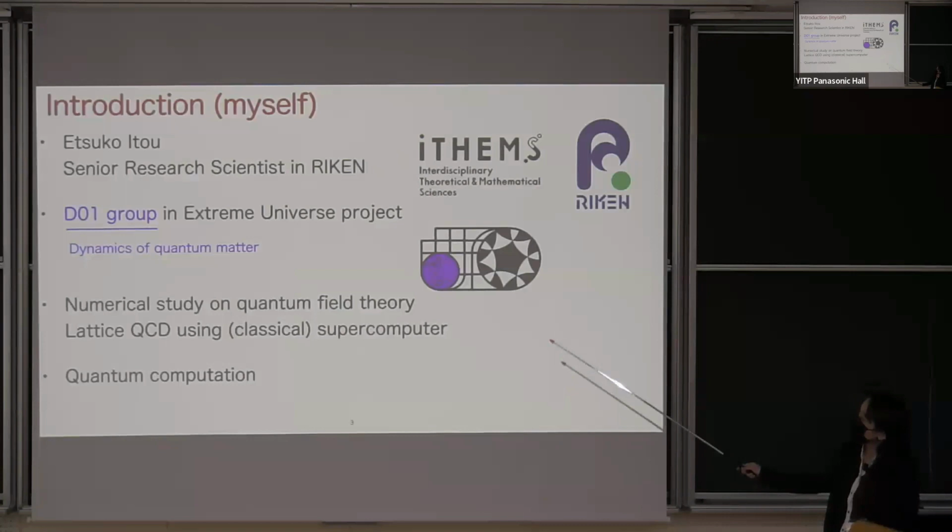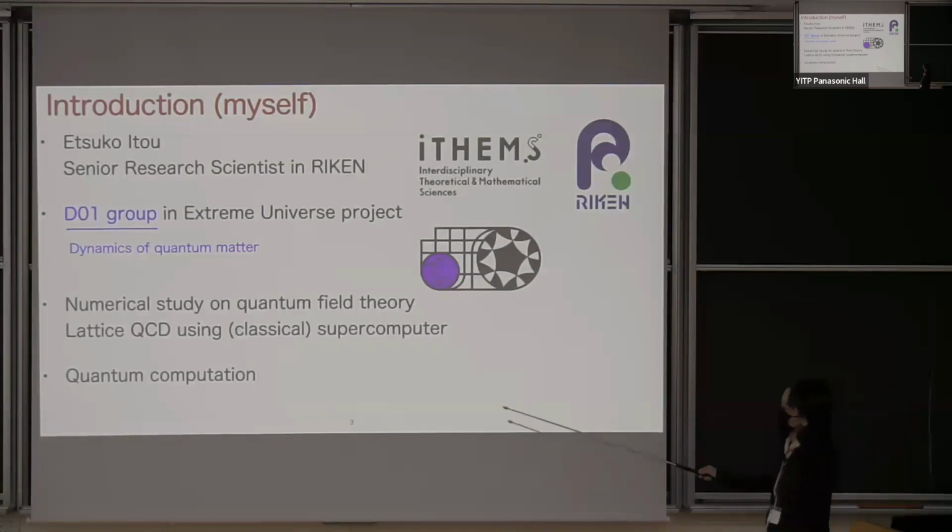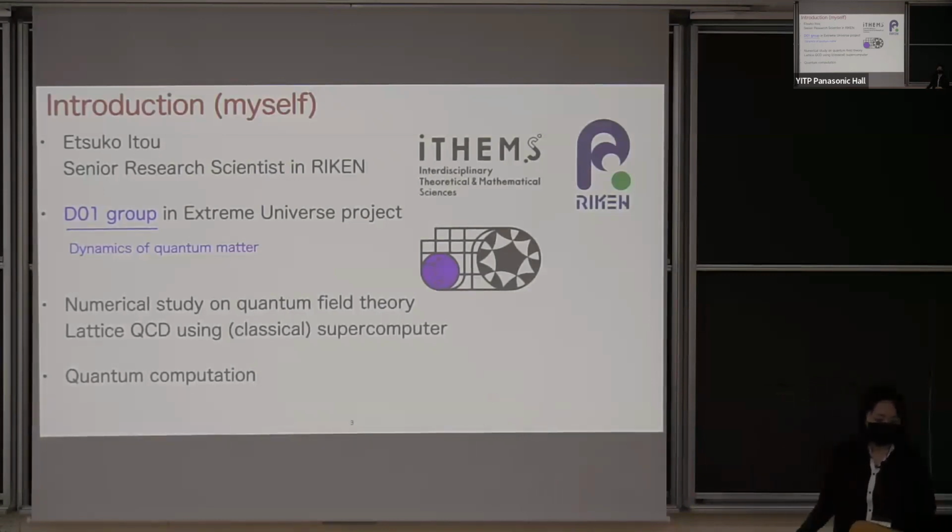The D stands for the dynamics of quantum matter, and the color is purple. So in this talk, I'd like to talk about the dynamics of fundamental matter. Originally, I have been working on the numerical study of quantum field theory, in particular Lattice QCD, using classical supercomputers.